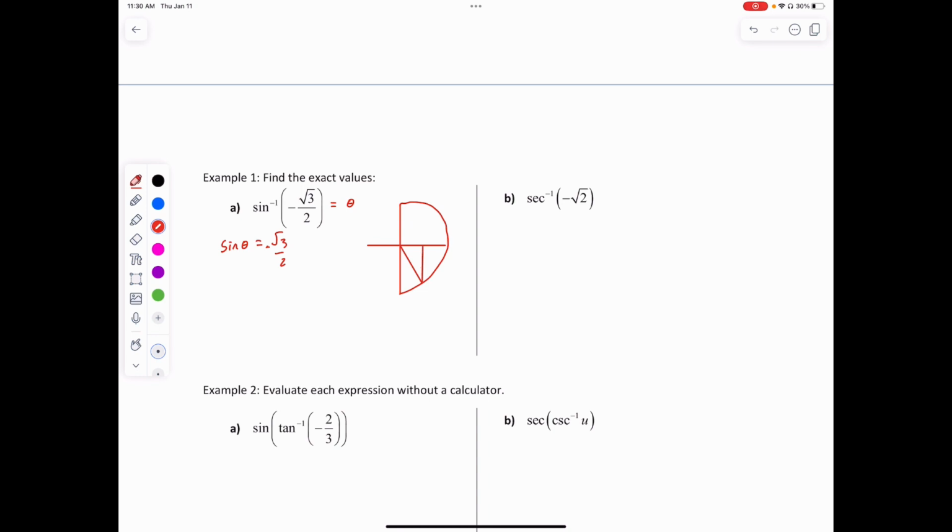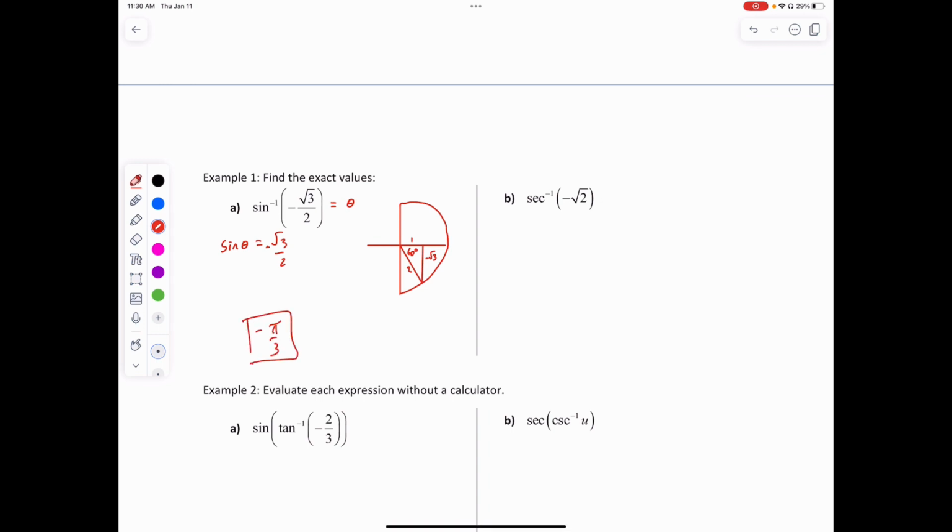Well, filling in my special right triangle, that's when sine is opposite negative radical 3, hypotenuse 2. That means the adjacent is 1. But the point is, when does this happen? Well, this is a 30, 60, 90 triangle where the angle here is the 60-degree angle. So we're talking about negative 60 degrees, or in radians, negative pi over 3.